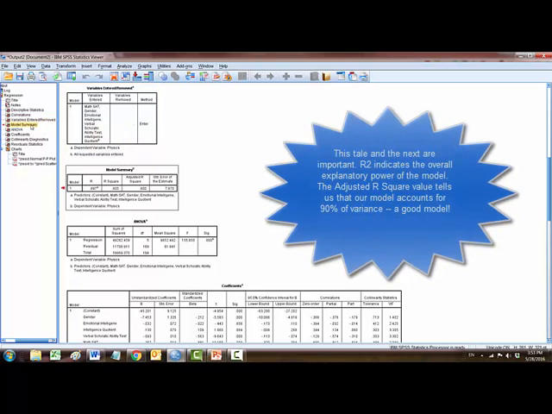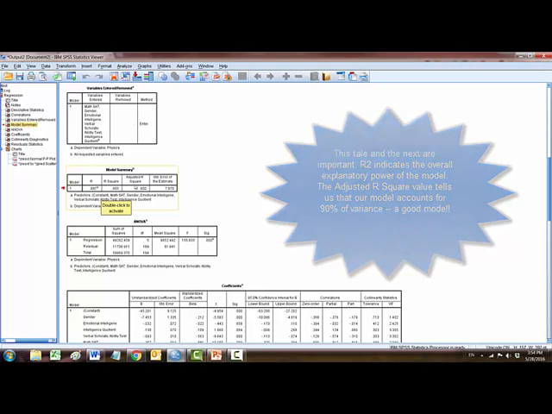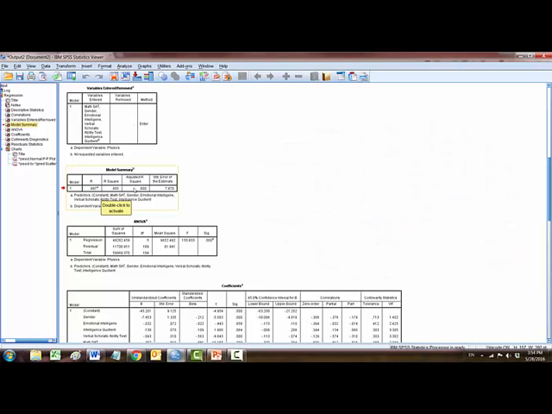So we go to the model summary. This is the important one for us. Here, we usually look at the R square and adjusted R square. If you have a small sample size, meaning less than 50 or 40 or say 60, then we use adjusted R square. But in our case, since we have 195, we are going to use R square.